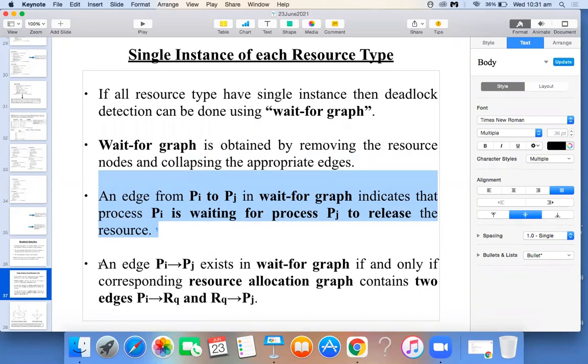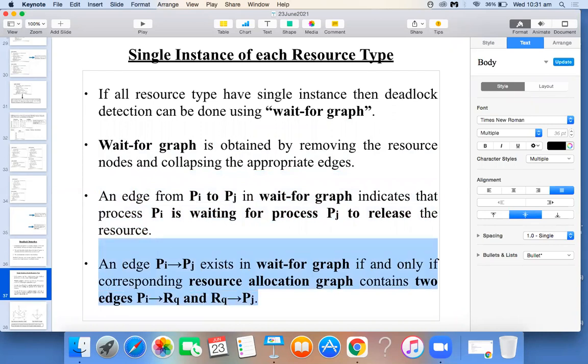Next, observe the last point. If there is an edge from process Pi to process Pj in a wait for graph, it is equivalent, in your resource allocation graph, to an edge from process Pi to resource Rq and an edge from resource Rq to process Pj.